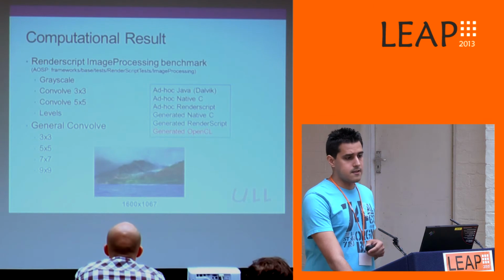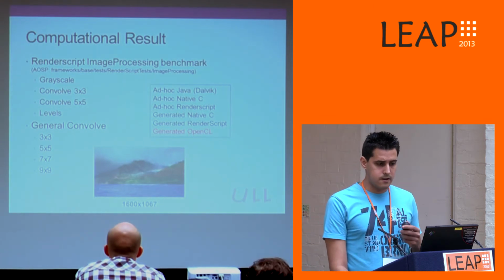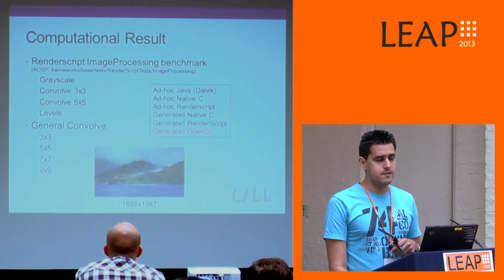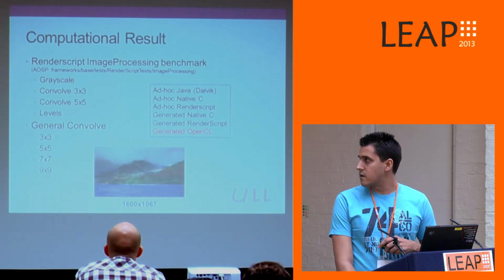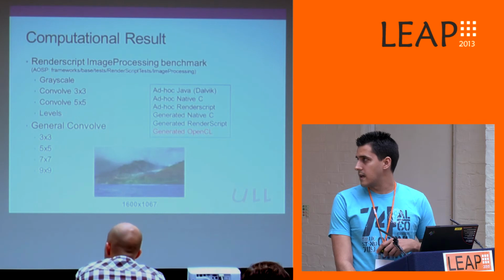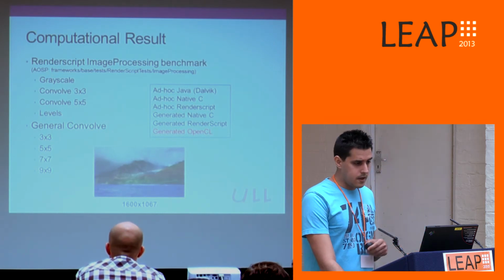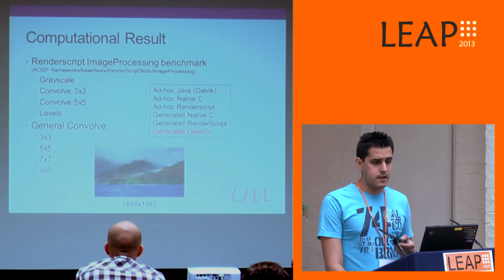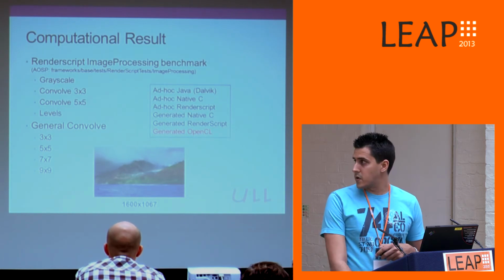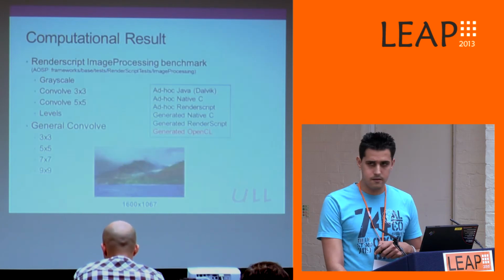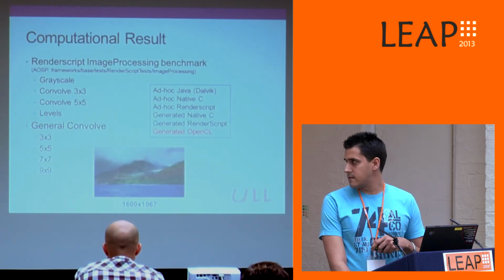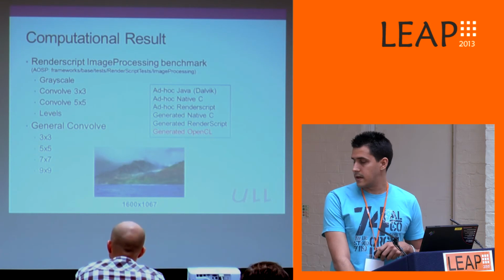We use a set of problems defined in the Renderscript benchmark: grayscale, convolve with kernels of size 3 and 5, and levels. And we implement a general version of the convolve. We use kernels of size 3, 5, 7, and 9.